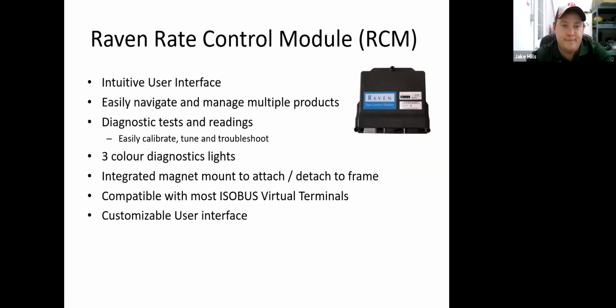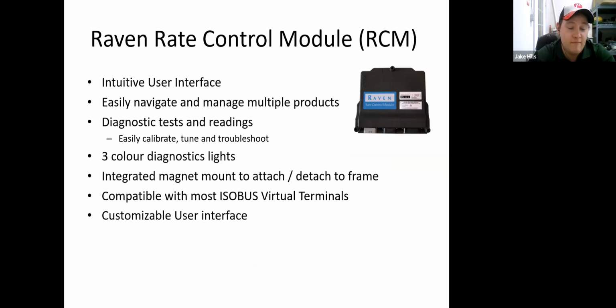So the RCM, it is an ISO-based system that's easy to navigate and manage for multiple products. It has great diagnostic lights across it to tell you what's going on with the controller itself.